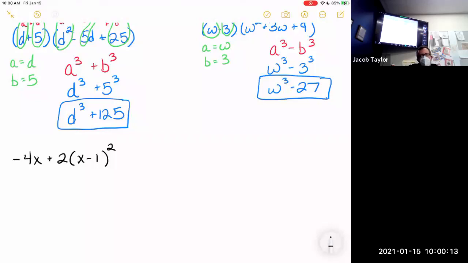Let me rephrase that. What do you think we should do first? Negative 4x. What does your dear Aunt Sally say to do first?